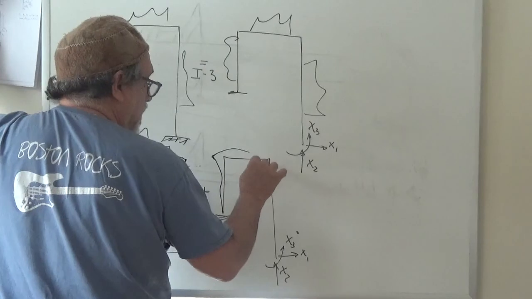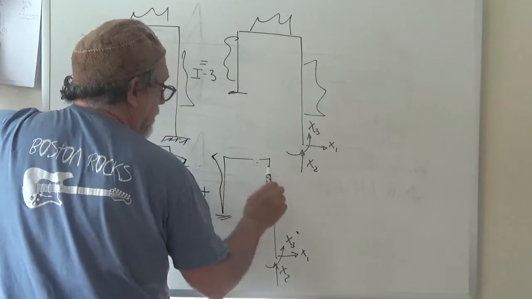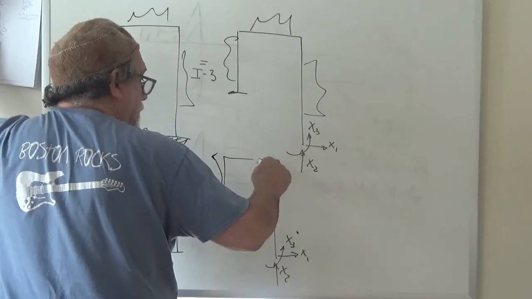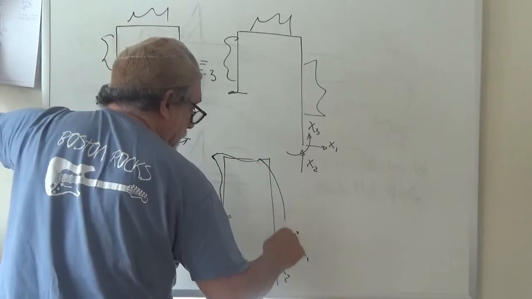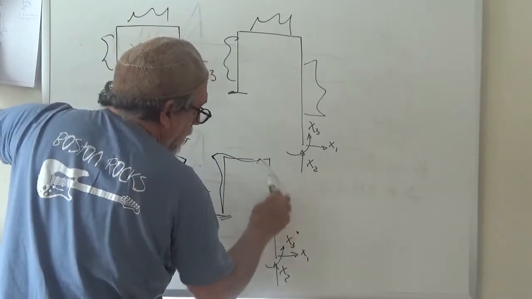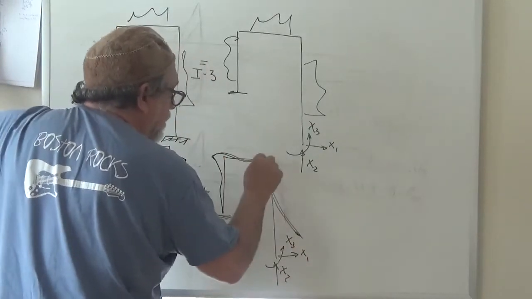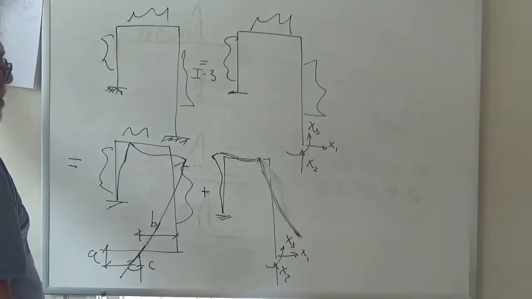Let's see, I wanted to have this like, no. Right, that's not a very good deflected shape, because it wouldn't really deform like that, I could do better.